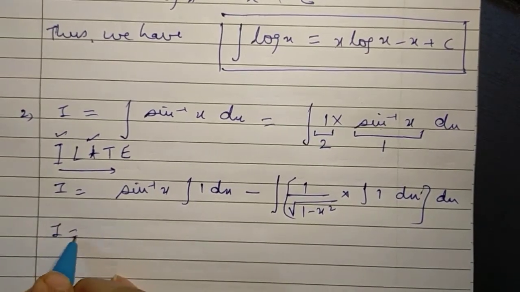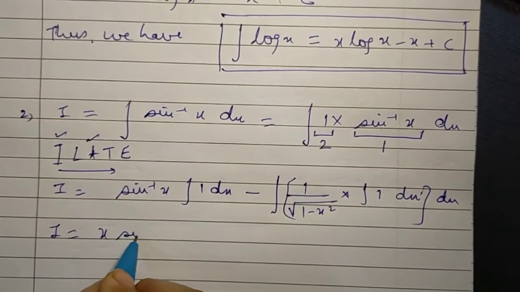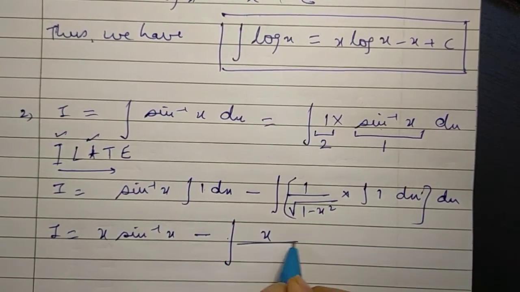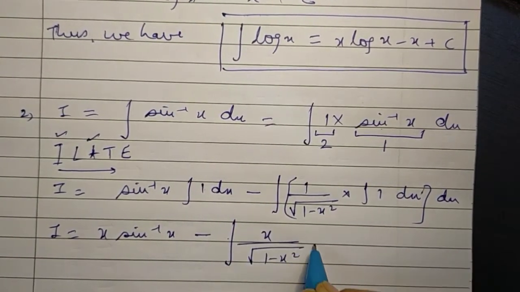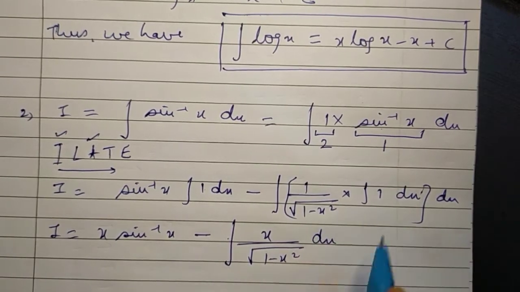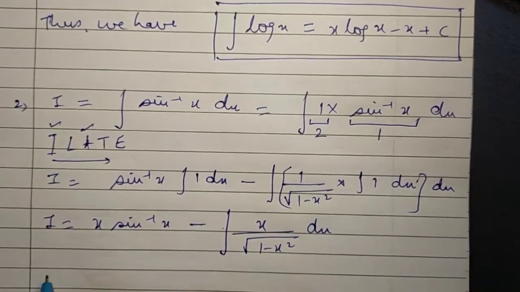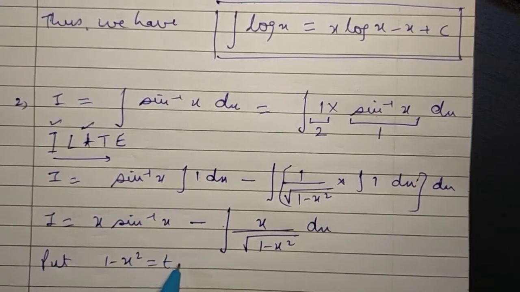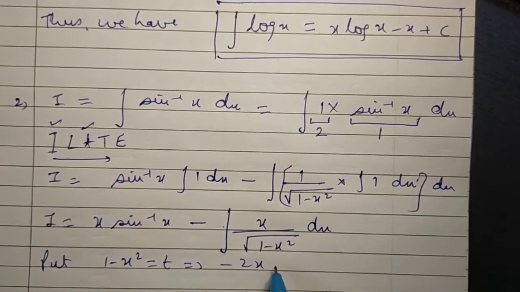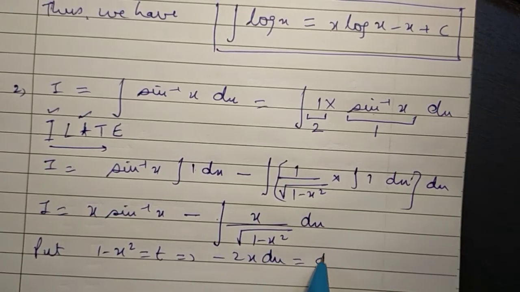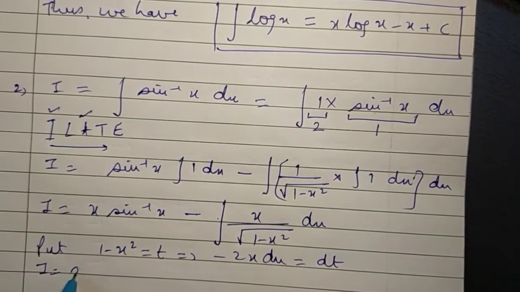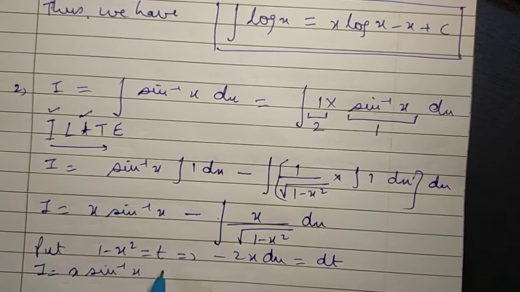this I comes out to be x sine inverse x minus, here we get x upon under root of 1 minus x squared into dx. Now here we can make use of substitution. Put 1 minus x squared as t, we get minus 2x dx is dt, and so we get I is equal to x sine inverse x.